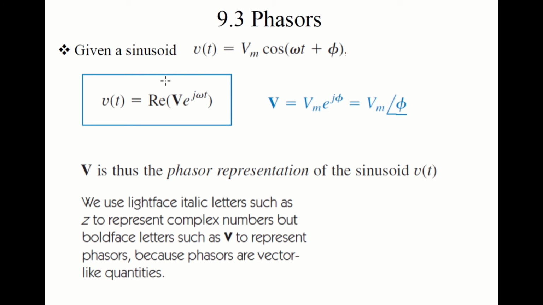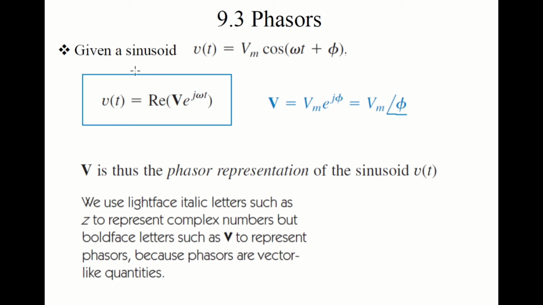So how can we convert from the sinusoid equation like this one into a phasor equation? You can use this kind of formula. For example, we have v(t) equal to Vm cos(wt + phi).